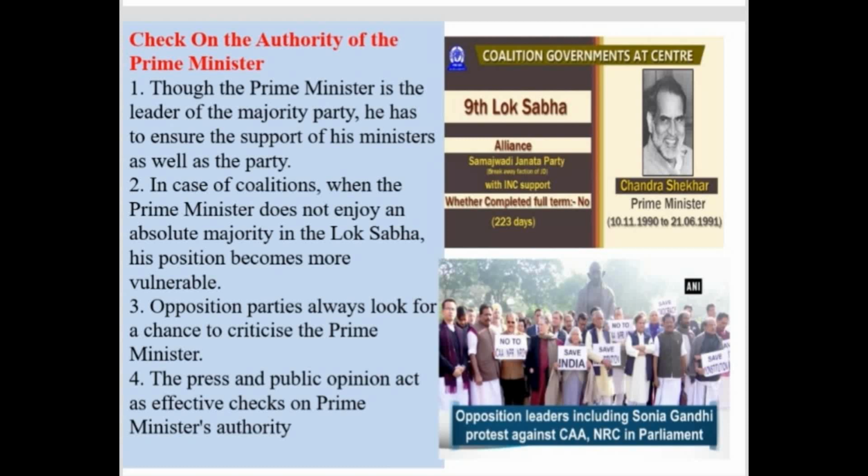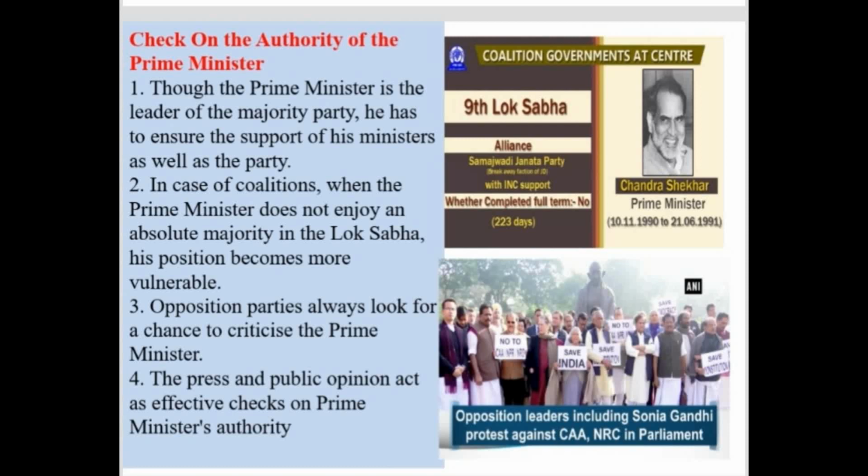When government is formed and their common candidate has become prime minister, then the prime minister has to be always in the responsibility of all these parties also. He cannot ignore all these parties and he cannot function on his own. That doesn't mean that they will try to misuse the position of prime minister. It is just that the prime minister is having a check by different parties in coalition governments.